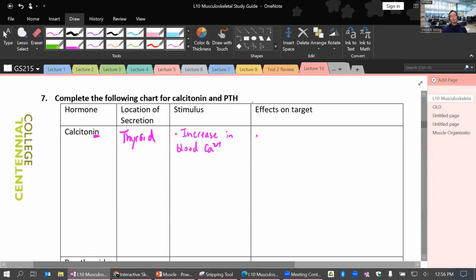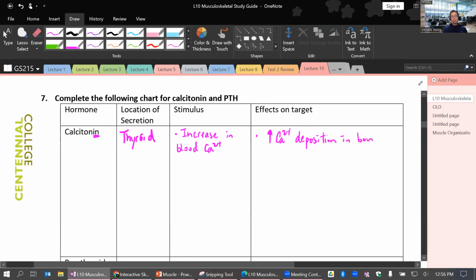A very good place to put extra calcium would be to deposit it into the bones. So increase calcium deposition in bones. You're going to put more in the bones.